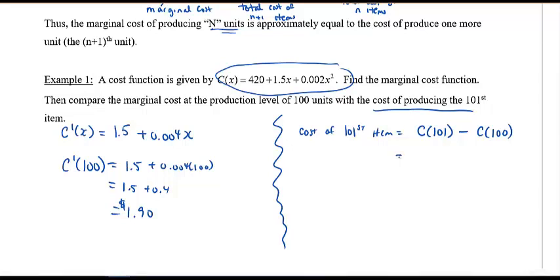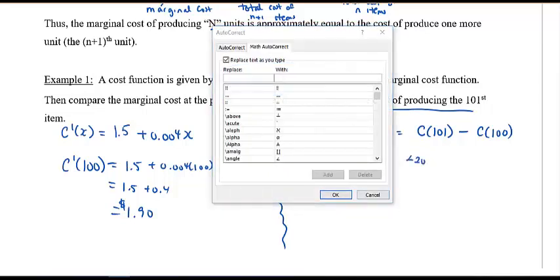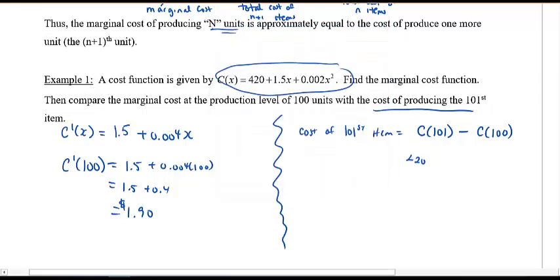So then what you need to do is just use your polynomial and plug in 101, minus 420 plus 1.5, plugging in 100, all squared, and then just calculating that for the answer.